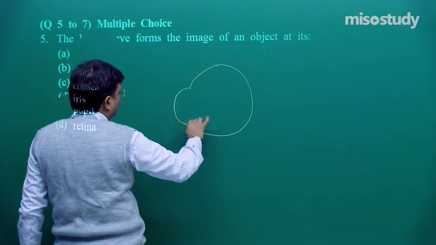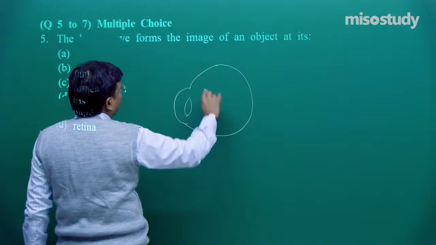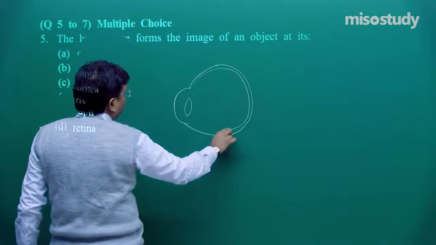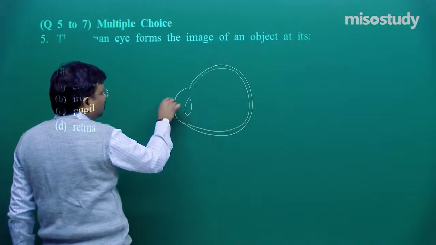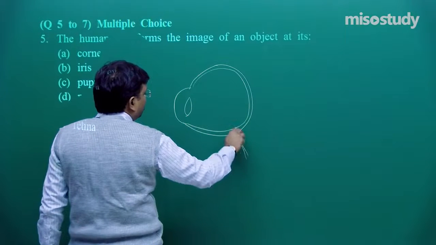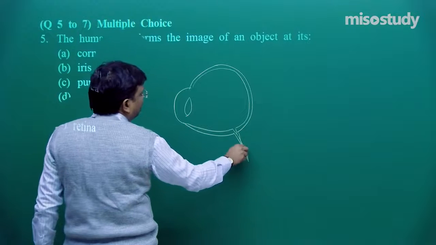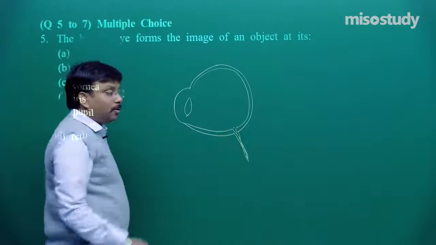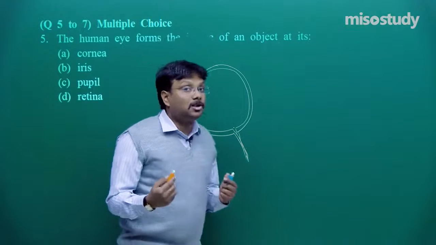So there are different parts like this. This is the lens, this is the cornea, this portion is known as the retina, this portion is the optic nerve, this is the blind spot. So try to practice in this way.